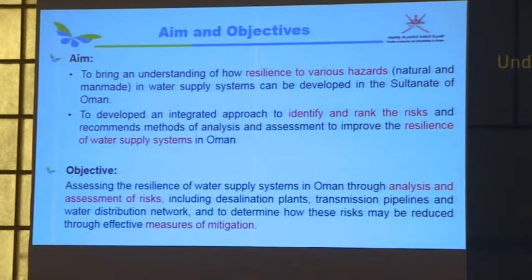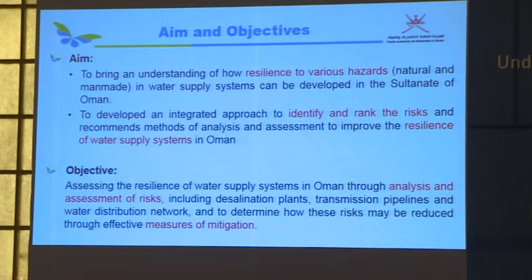So these were my aim and objectives: to bring an understanding of how resilience to various hazards, natural and man-made, in water supply systems can be developed in the Sultanate of Oman, and to develop an integrated approach to identify and rank risks and recommend methods of analysis and assessment to improve the resilience of water supply systems in Oman.